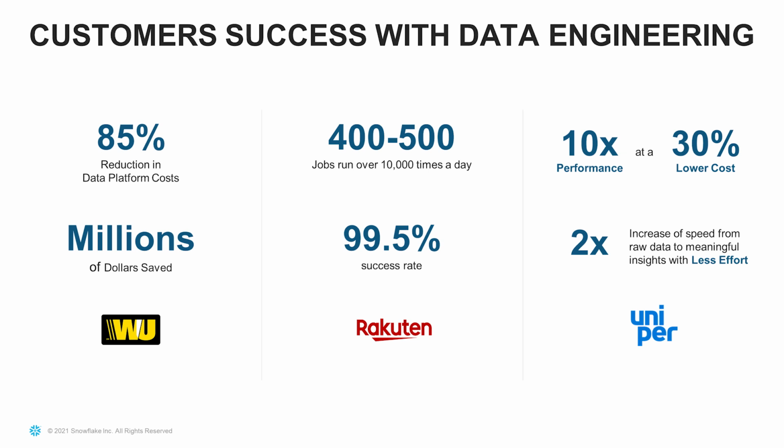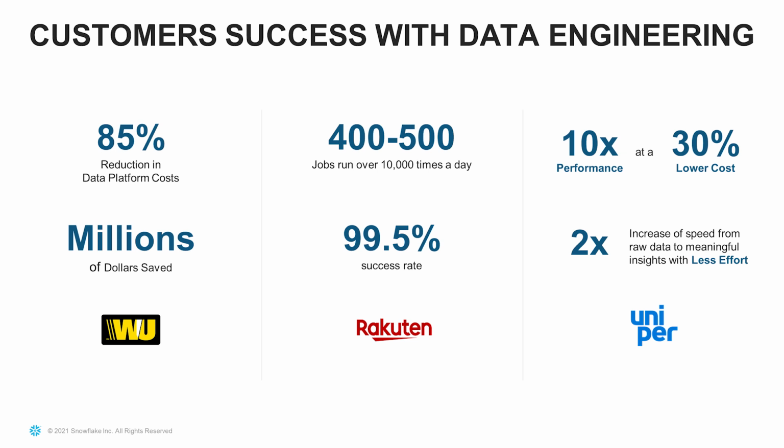And they had fairly complex ETL processes. With moving to Snowflake, now they run almost 10,000 plus jobs with a 99.5% success rate. So it just works. Moving the data pipelines to Snowflake helped them achieve almost 95% faster runtime for the same use cases compared to the previous version of the pipeline that they had.